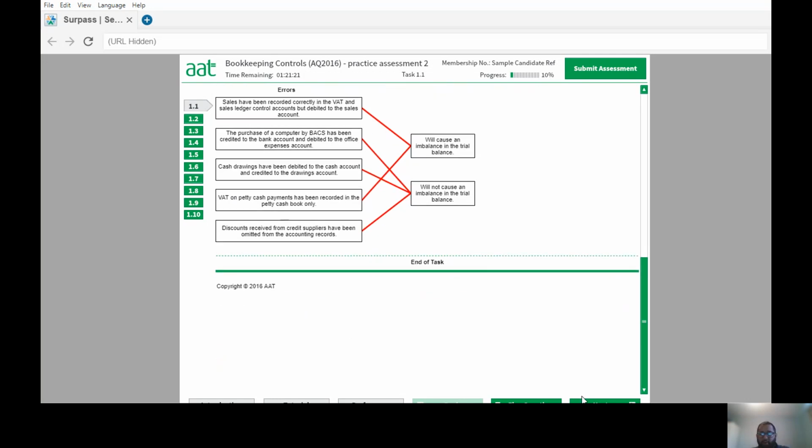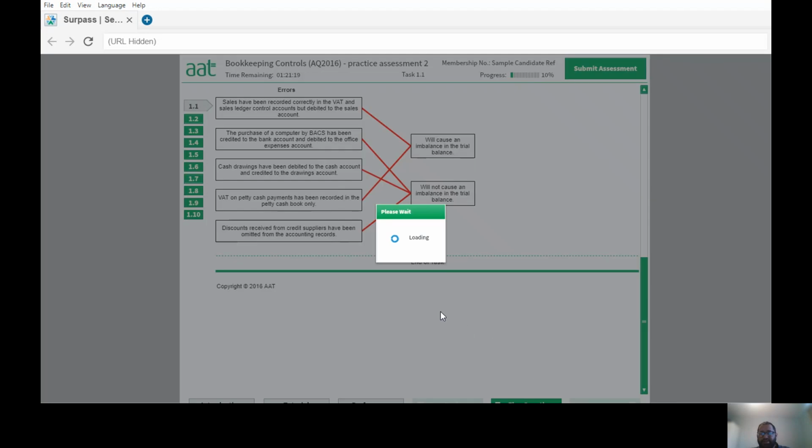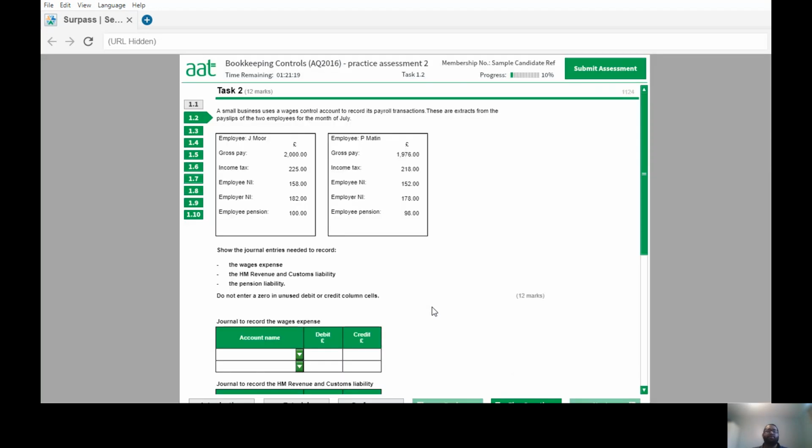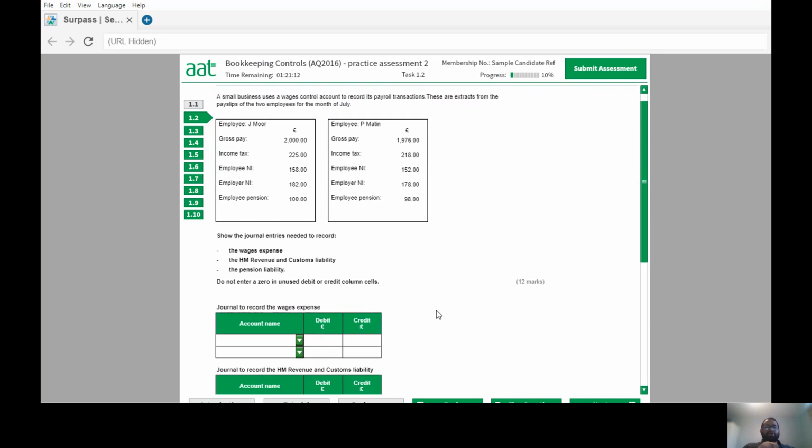Okay. Now let's move on to question number 2. We have a small business that uses a wages control account to record its payroll transactions. These are extracts from the payslips of 2 employees for the month of July.